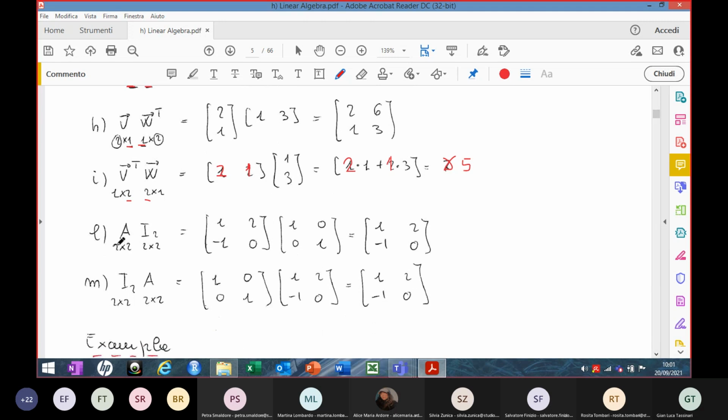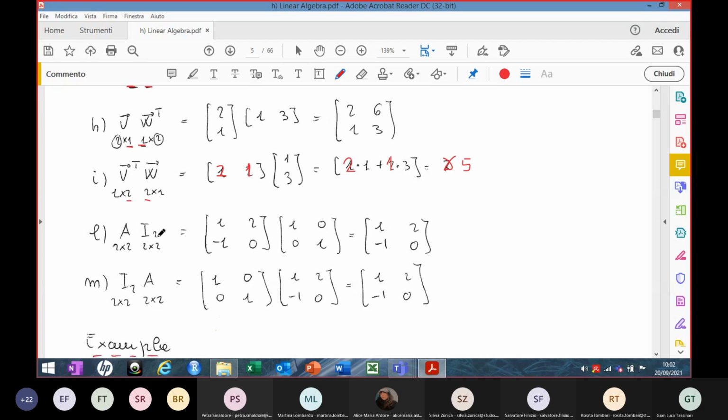Now do the product between A and I2. Which is I2, guys? A is a matrix of order 2, and I denoted I2 as the identity matrix of order 2. The identity matrix of order 2, if you remember, is a square matrix of order 2 whose elements on the main diagonal, I mean A11 and A22, are equal to 1, and all the elements outside the diagonal are equal to 0.